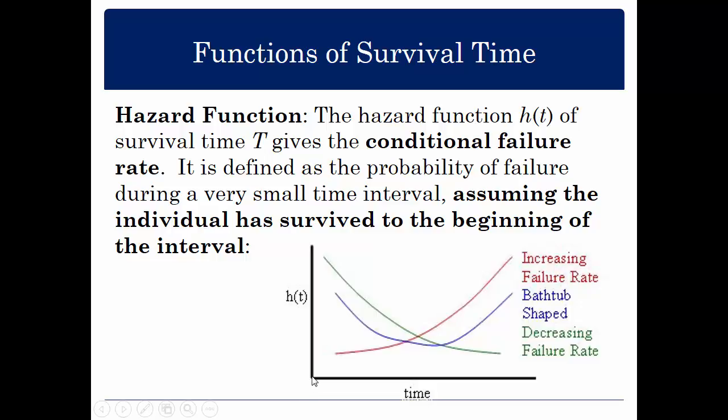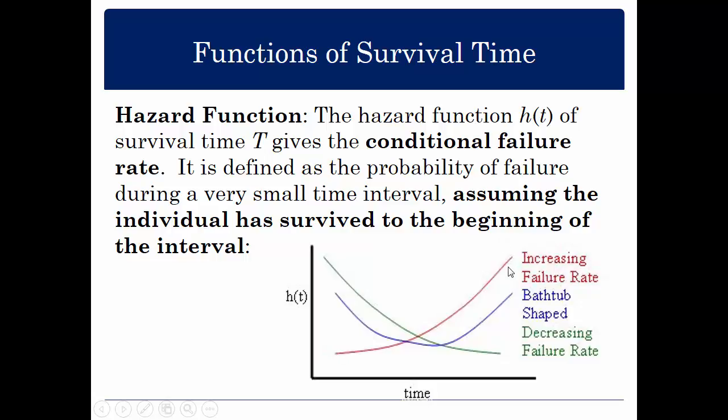If it's lower, then your risk of dying is lower. I can see how the risk of the event changes over time. For this green line, subjects are more likely to die sooner. As we move out in time, the risk of death is decreasing.